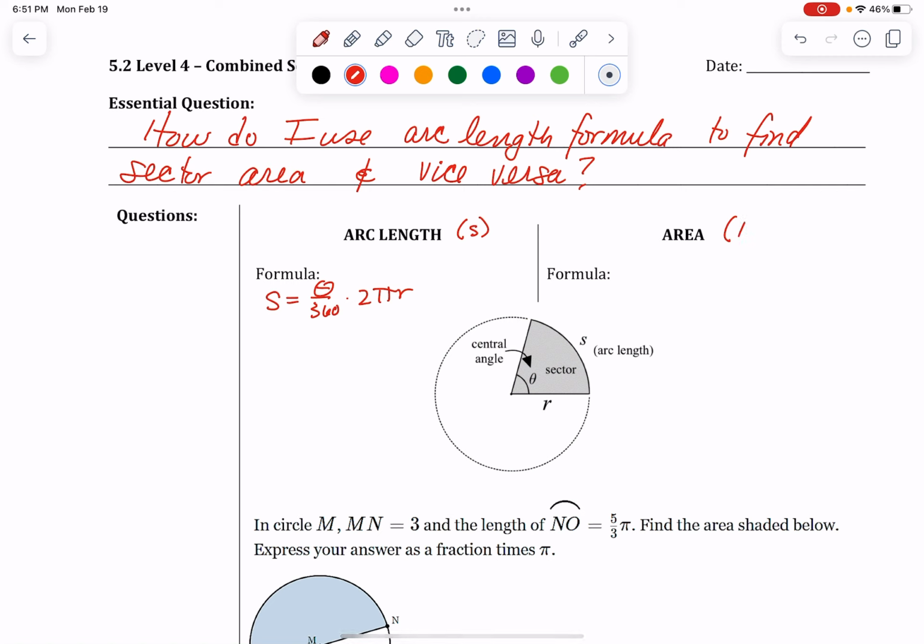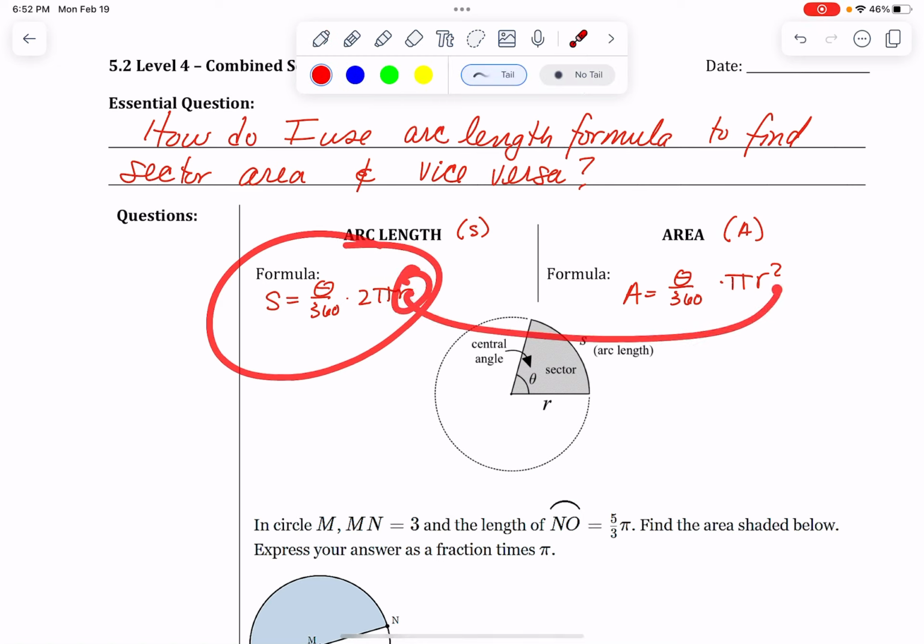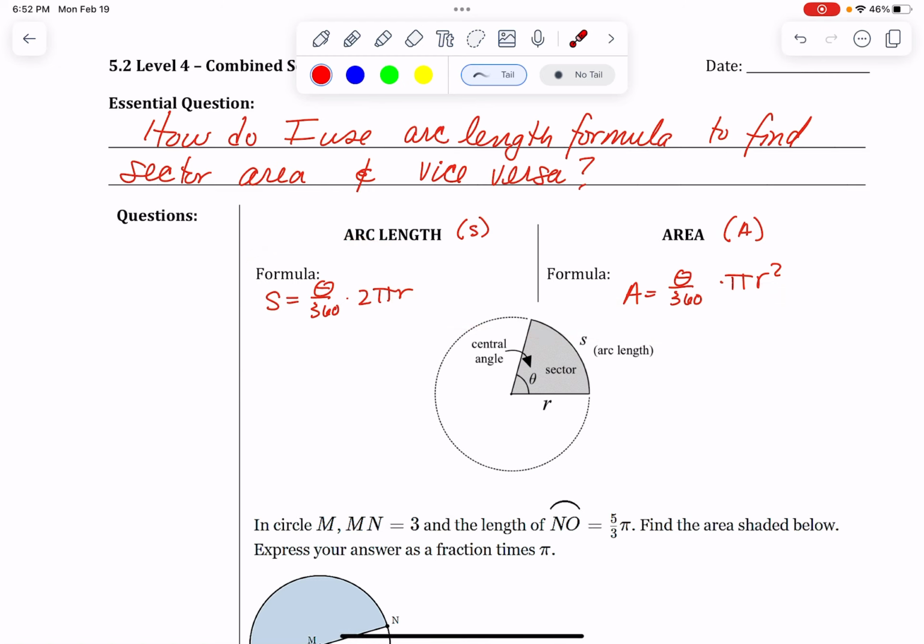And area, it's capital A, is theta over 360 times pi r squared. Notice that both formulas have a theta and both formulas have an r. So if I can use this formula to find the r, then I can put the r there and find the area. So that's how I can use these to go back and forth.